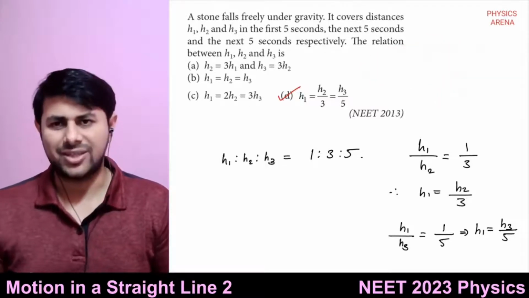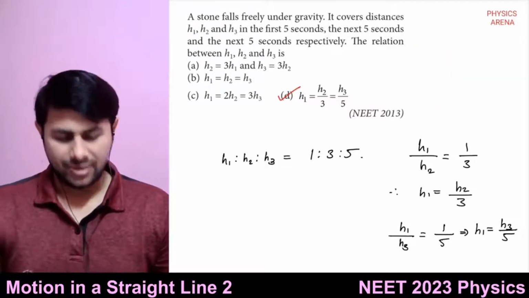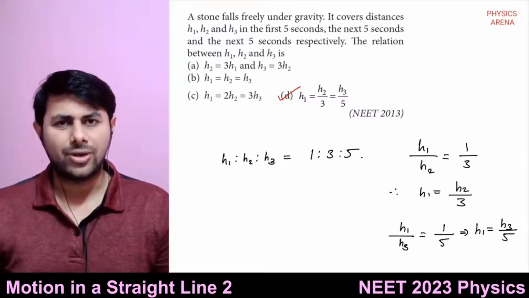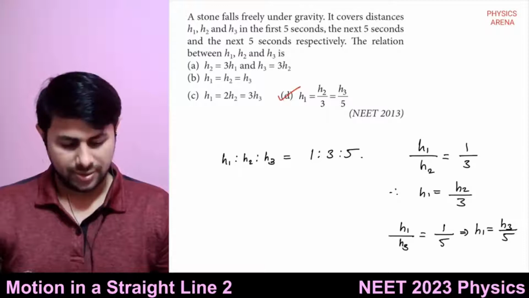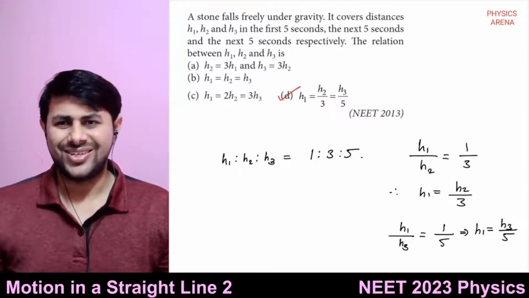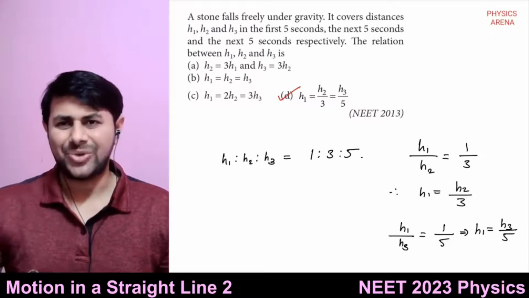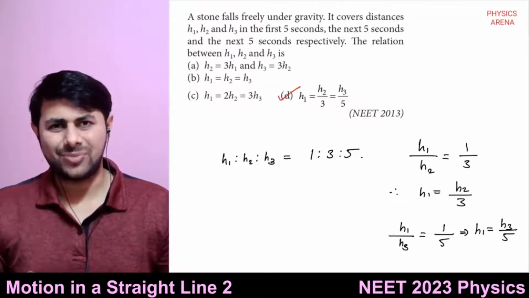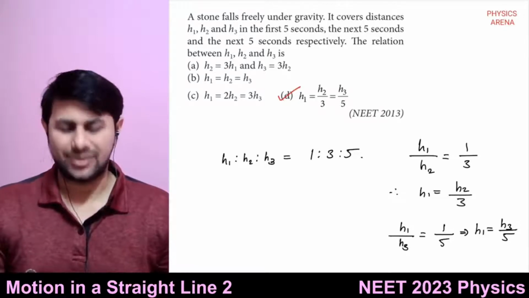So I was checking whether there is any option like that. Okay. So yes, this is simple provided you know Galileo's law of odd numbers. Otherwise you can find it, otherwise it will take a lot of time. If you don't know this law, it will take a lot of time to solve these kinds of questions.